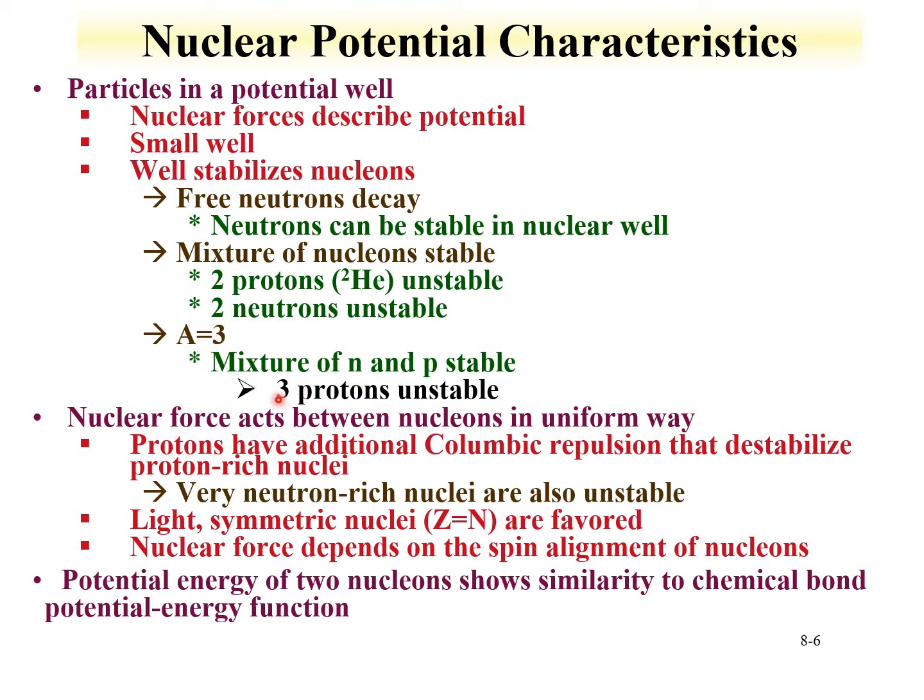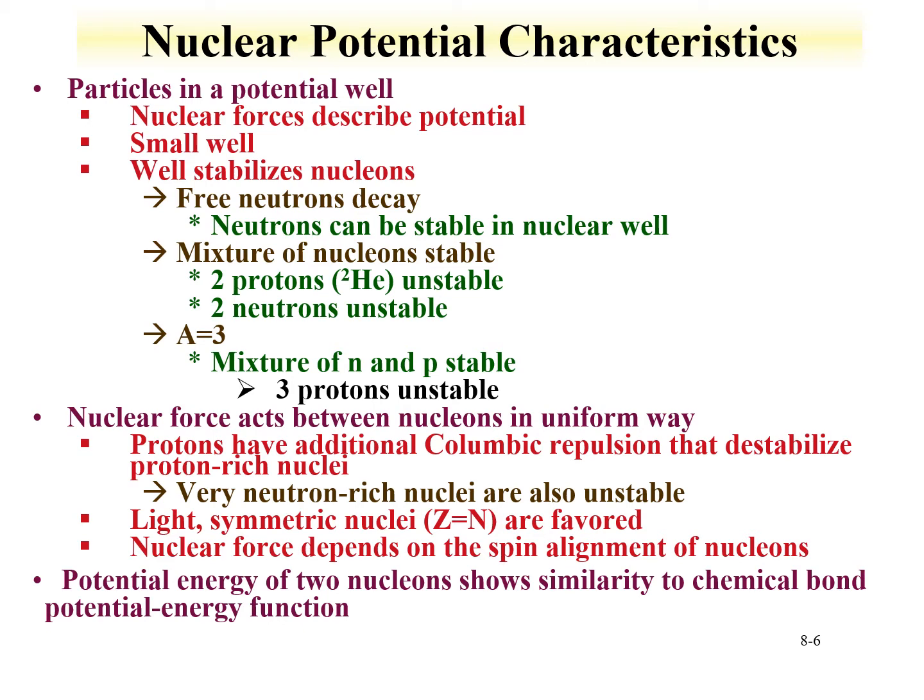However, 3 protons would be unstable. The nuclear force within this potential acts upon the nucleons in a uniform way. Protons have this Coulomb repulsion that acts to destabilize the nuclei.